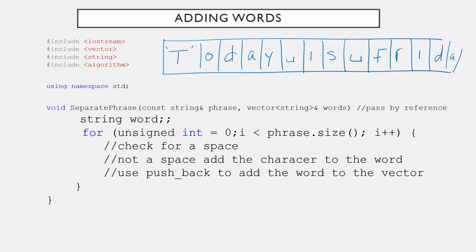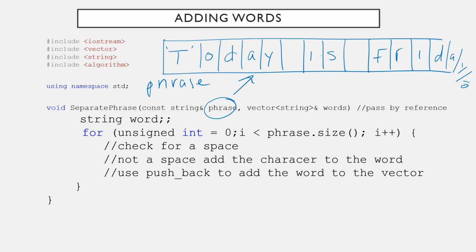Oops, A, Y, null character. All right, so these are spaces in here. This is your phrase right here. It's going to come in and it's a string, but it's actually a character array. These are all characters. But because we're using the string class, it has a size.